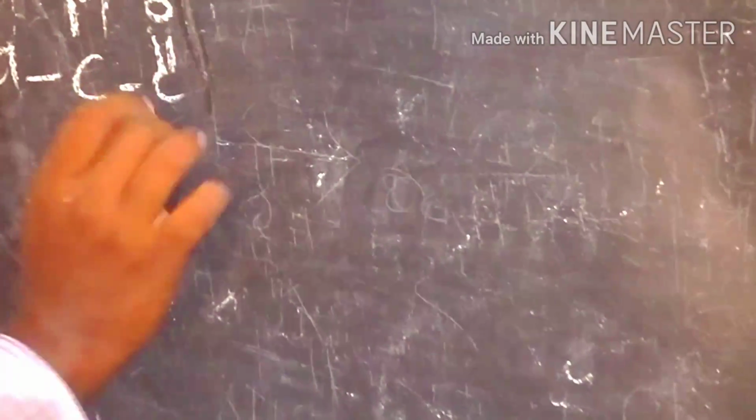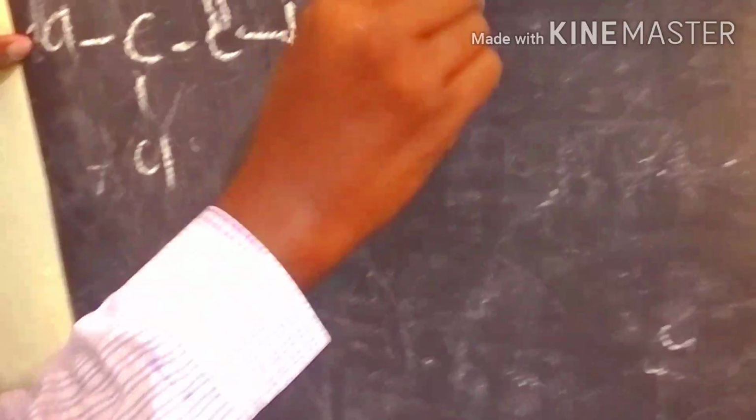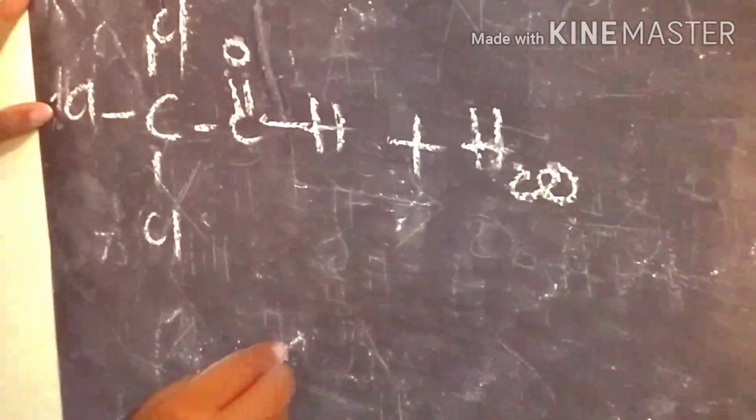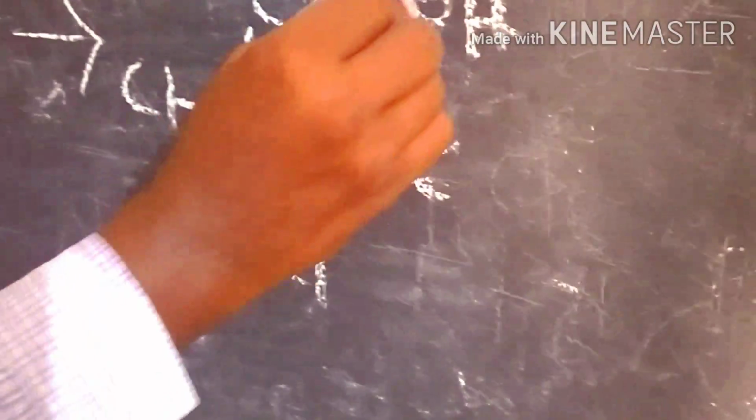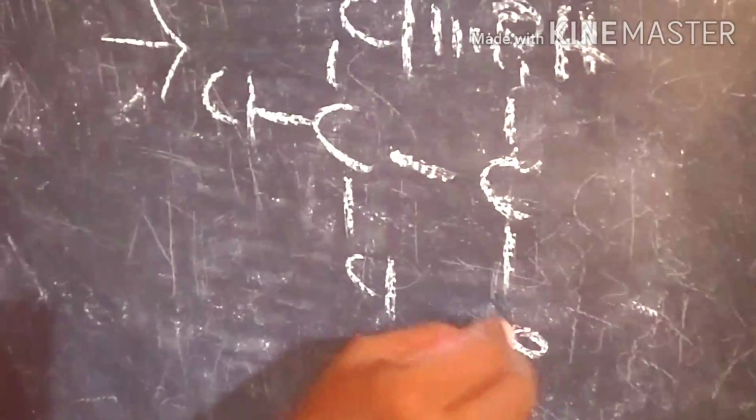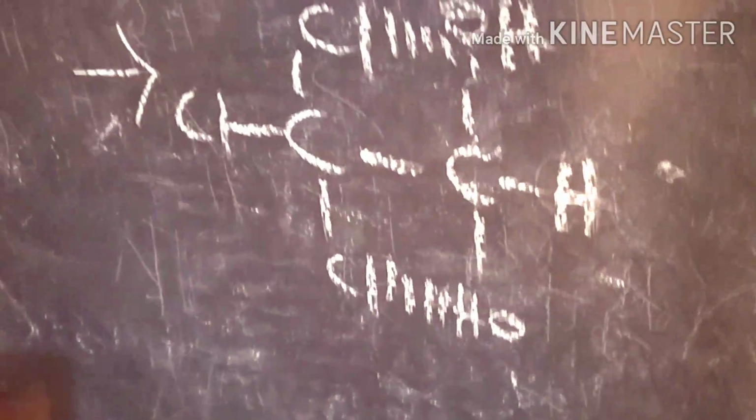So the water molecule is added here. What is happening? We get a stable compound because these hydrates are formed with hydrogen bonds to these electronegative atoms. So these are all stable. This compound we call chloral hydrate.